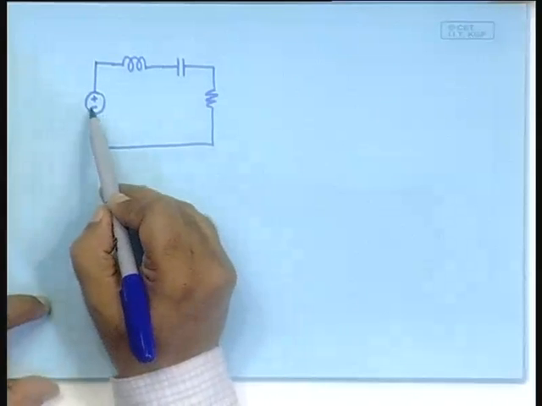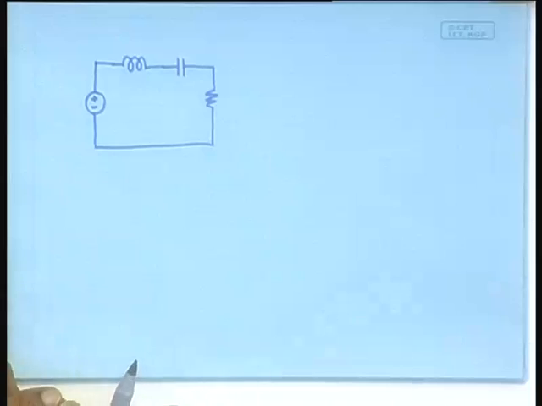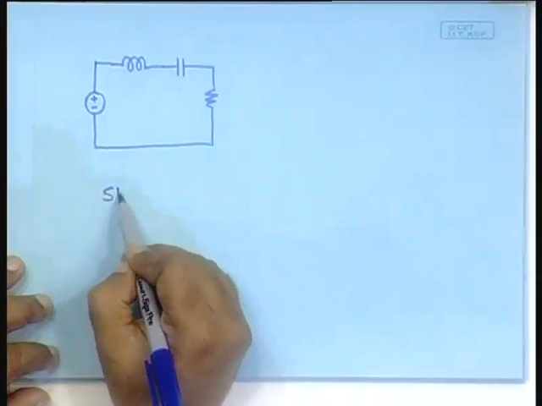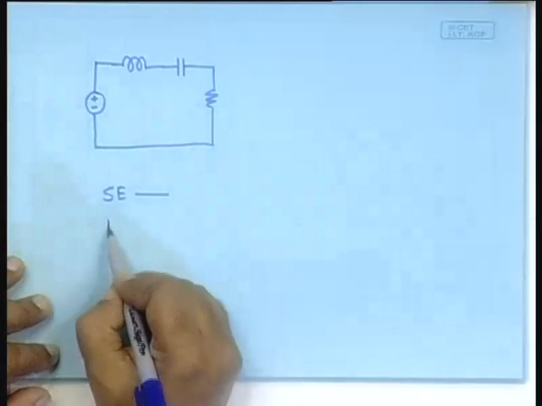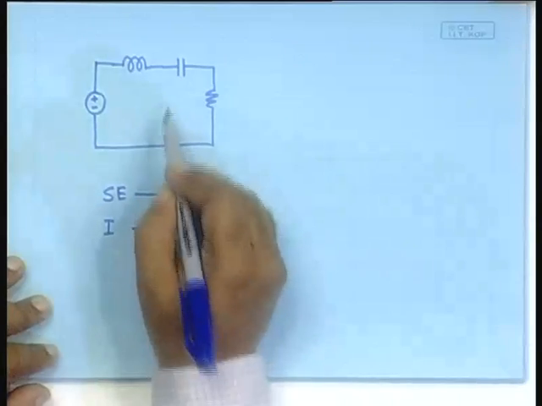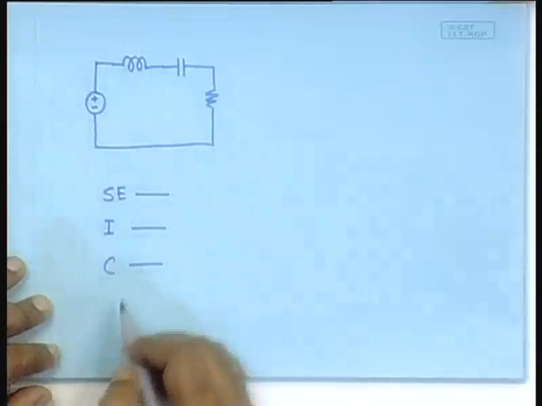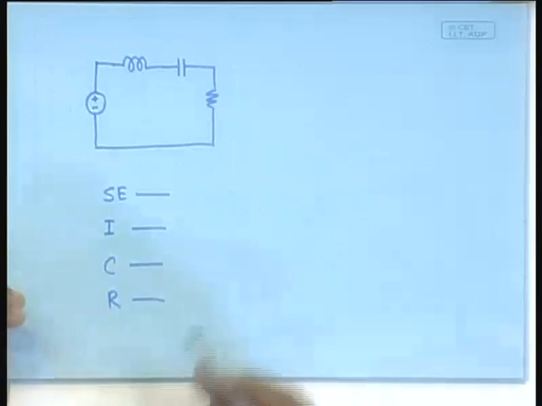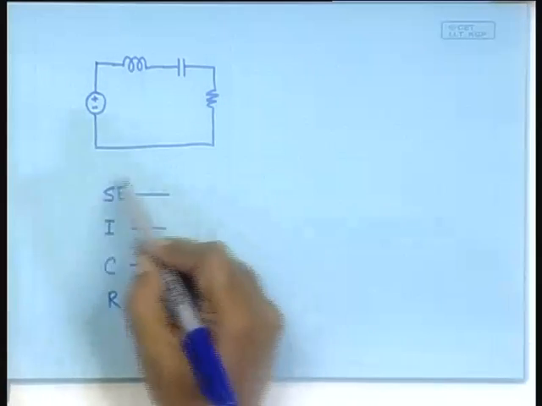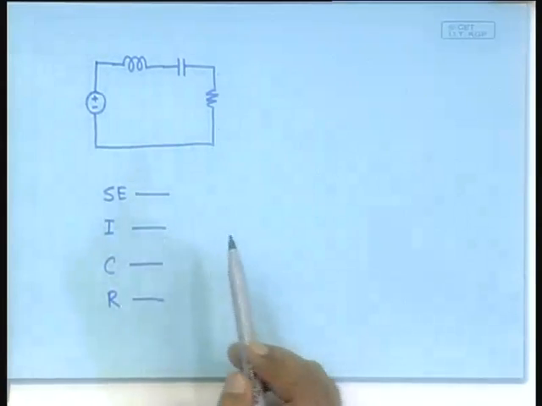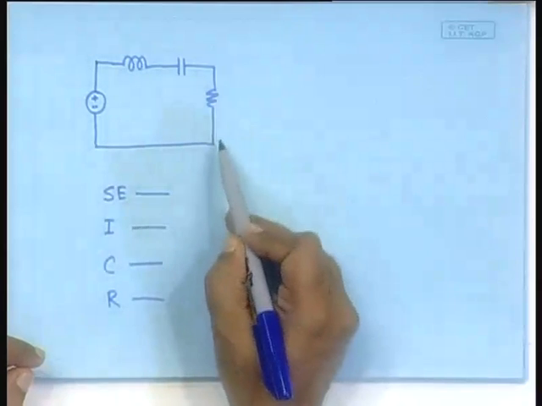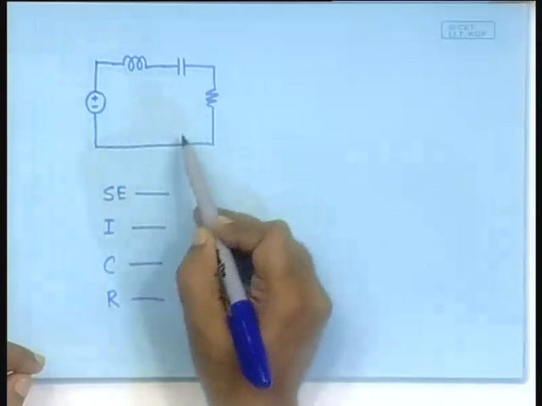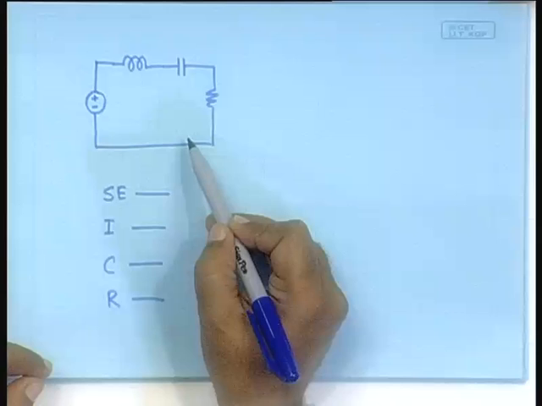We know that the SE element will be SE, the inductor will be I, the capacitor will be C and the resistor will be R, but how are they interconnected? The moment you look at it, you would notice that they exchange information in a very specific way. What is it? They share the same flow. It is a series connection, which means that they share the same flow.